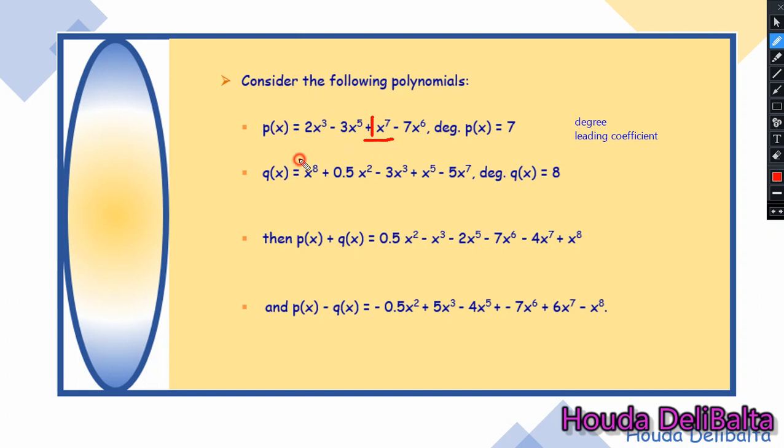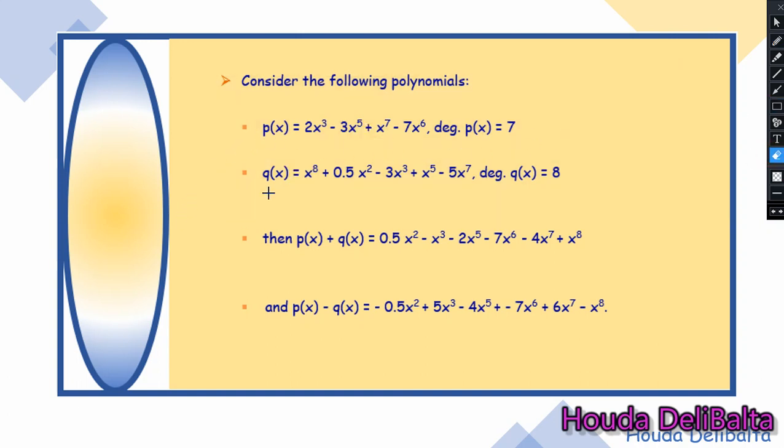Also here the leading coefficient is 1. It's not always 1, it happened here. So if we have, for example, here 7, then the leading coefficient is 7. If we have it here, for example, minus 4, then the leading coefficient is minus 4. So in short, the leading coefficient is the real number that's multiplied by the variable holding the highest power, which we call the degree. Now how to add polynomials?